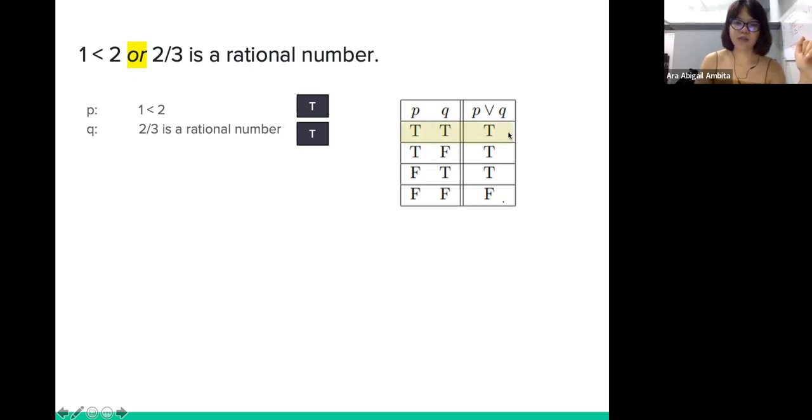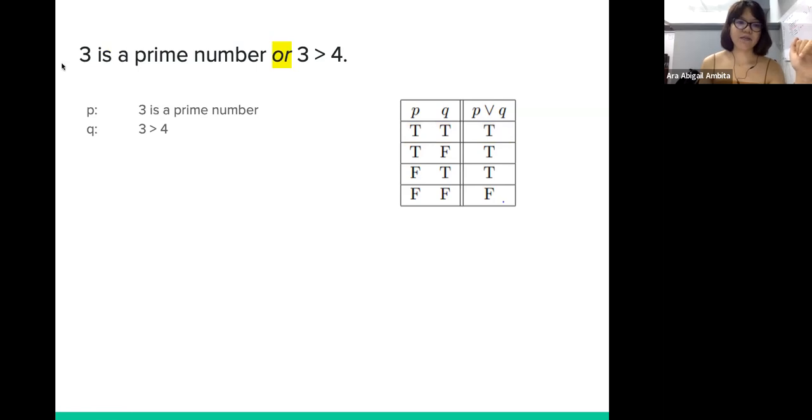Okay, the truth value of this compound statement is true. Now we have: 3 is a prime number or 3 is greater than 4.